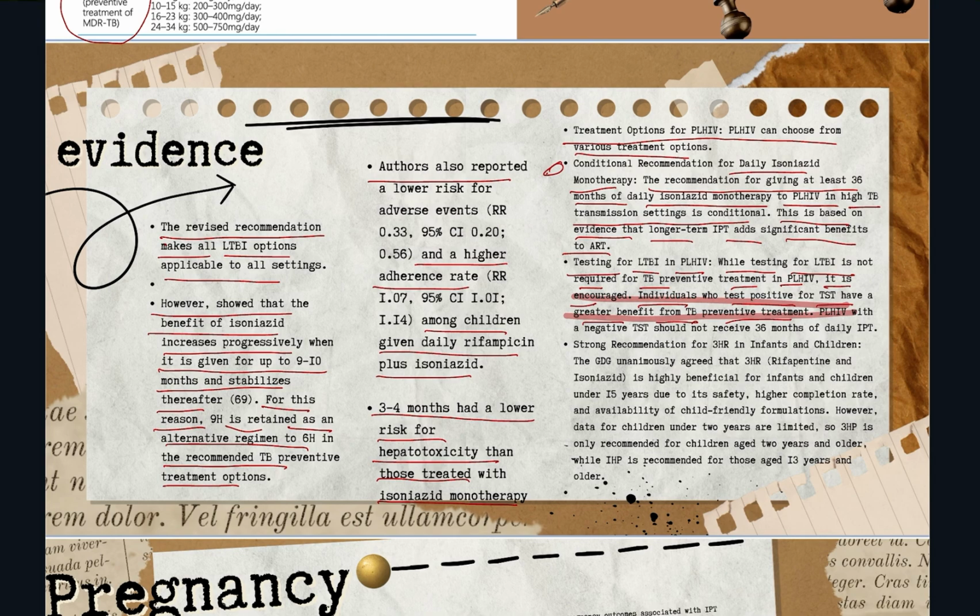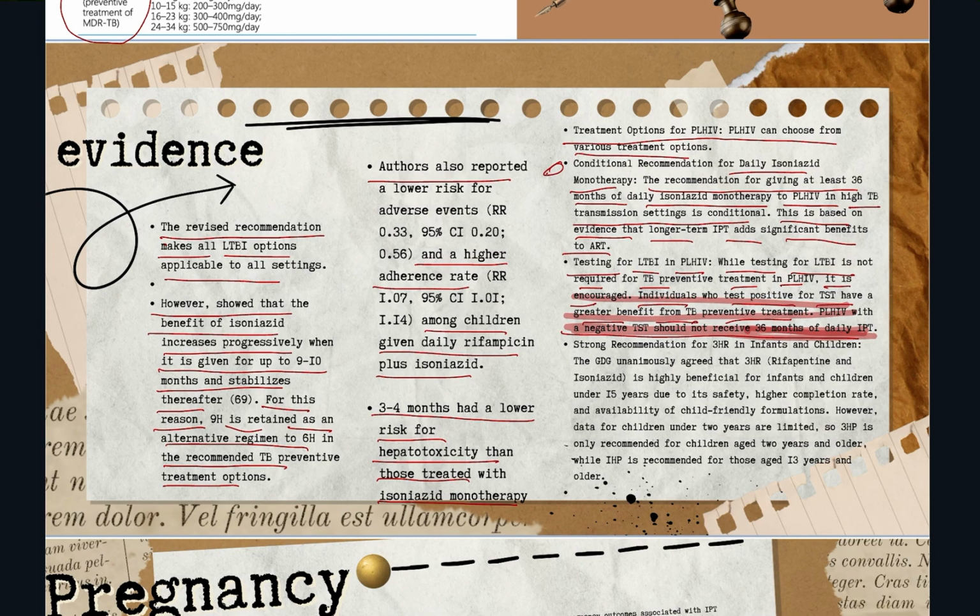People living with HIV with a negative TST should not receive 36 months of daily IPT. So this is also a very important point, and highlights the importance of doing a test in people living with HIV, so that if it's negative, they are not applicable for 36 months of daily IPT.